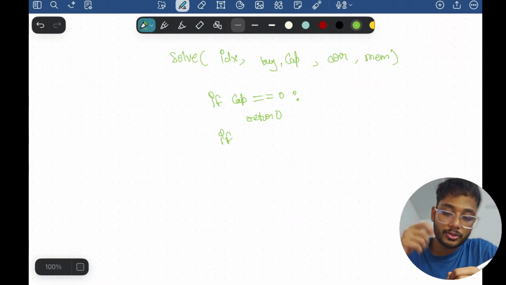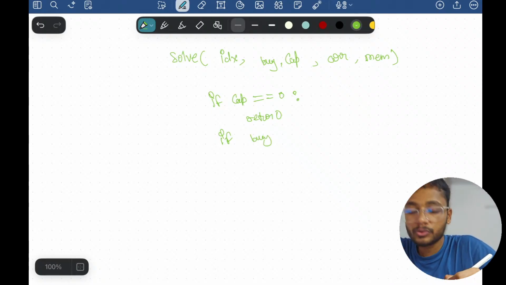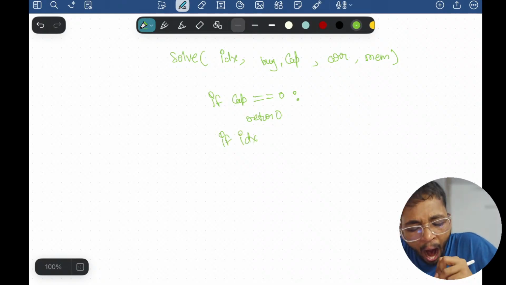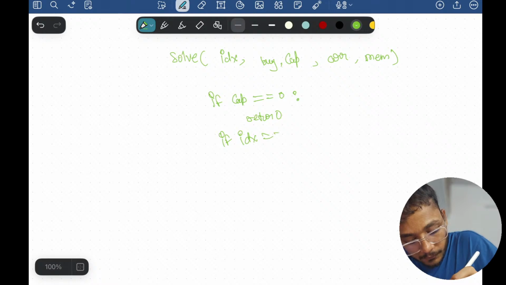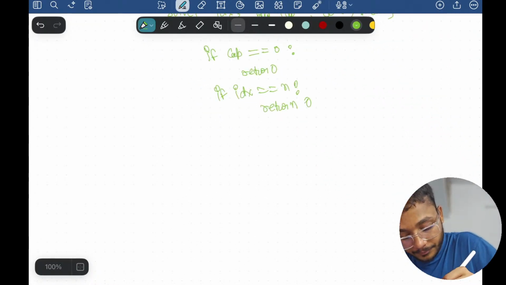If capacity is 0, if buy equals 0, return 0.